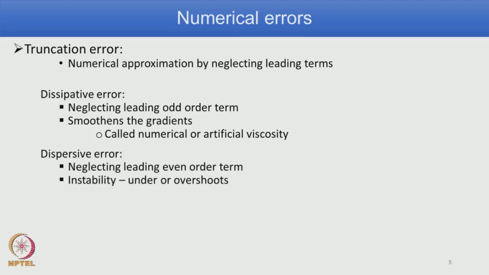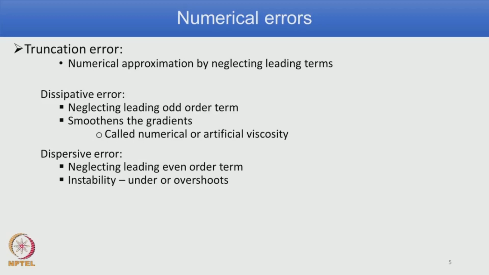The second type is dispersive error, where the leading neglected term is an even order term, and that results in what is known as overshoots or undershoots. So, you may have a solution with wiggles.